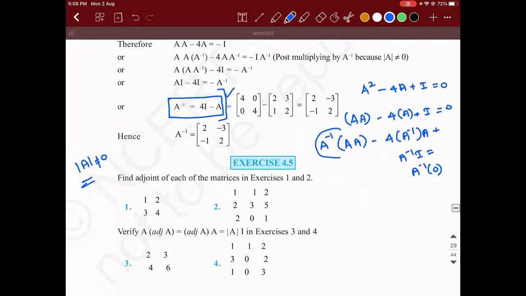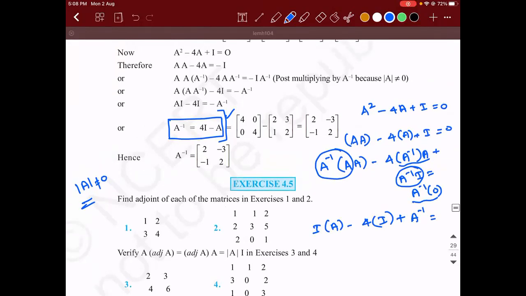So what is A inverse into A, guys, according to the definition of invertible matrices? Is it not I? So I into A minus 4 into A inverse into A is I. Don't leave it as 1, write the identity matrix, plus A inverse into I is A inverse is equal to, what is A inverse into 0?